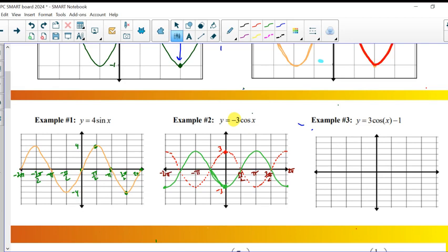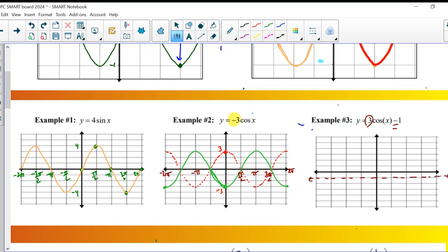Okay, so now example 3, we just have a cosine wave that has a positive coefficient of 3. So our amplitude is affected by 3. But notice this minus 1. That's going to pull everything below 1 unit. So I'm going to mark that our new line of equilibrium has dropped 1 unit.